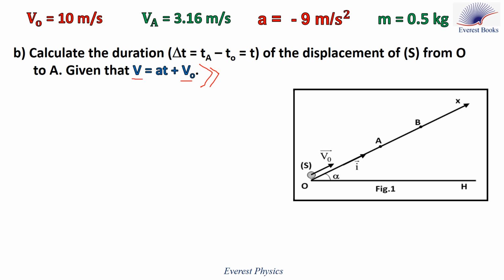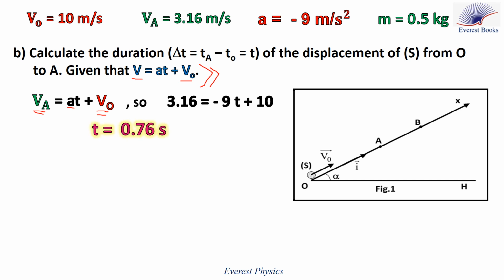So, the final velocity is vA and the initial velocity is vO. Now replace vA, vO, and the acceleration by their values. We will get t equals 0.76 seconds. So it takes us 0.76 seconds to move from O to A.